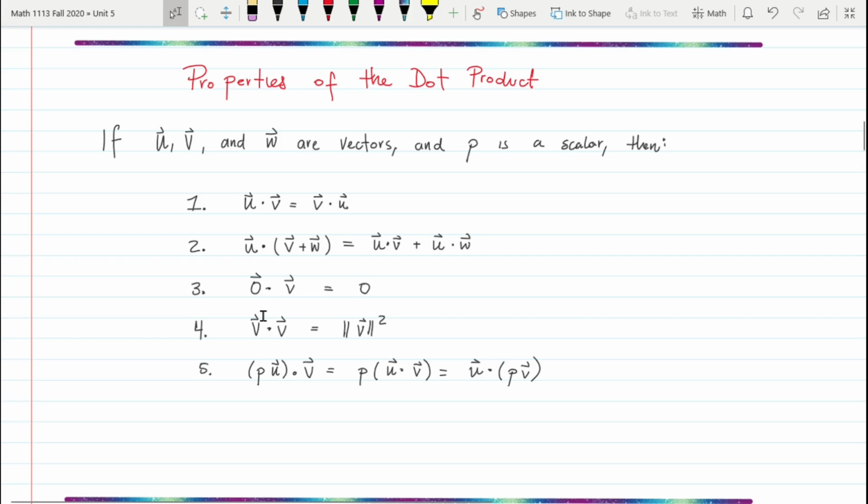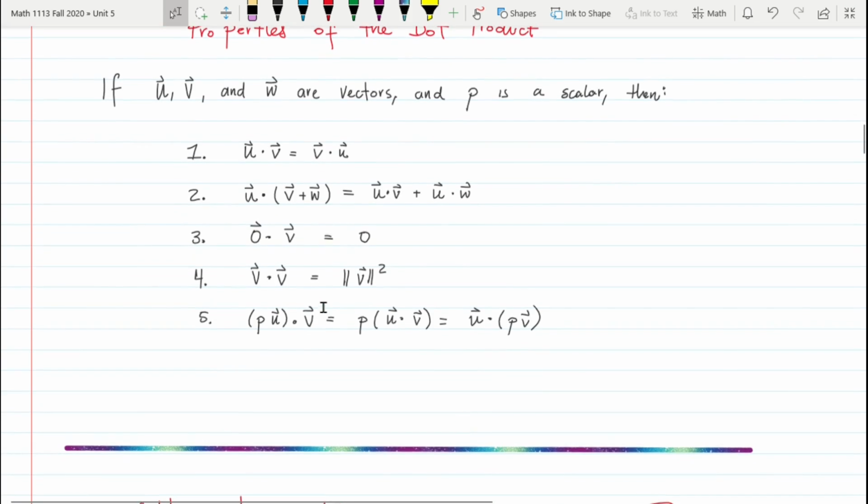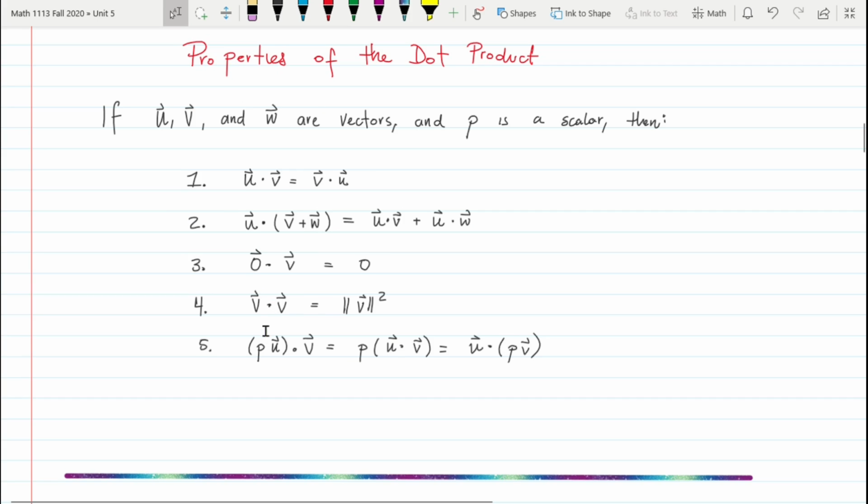A zero vector dotted with the vector v is equal to 0. Remember, the dot product comes out to be a scalar, so all of these solutions are scalars. Then we have a vector dotting itself. It is the same thing as finding the magnitude of that vector and then squaring it.